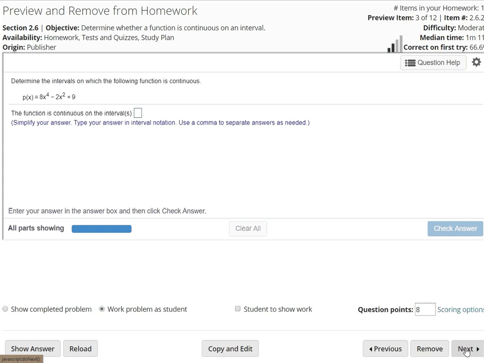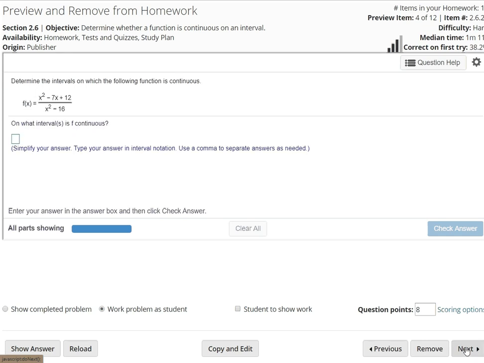Polynomials are continuous everywhere in their domains, which is all real numbers. Okay, determine the intervals where that rational function is continuous. Remember that rational functions are also continuous everywhere in their domains, but there might be some numbers that have to get excluded because we're dividing by 0. Okay.